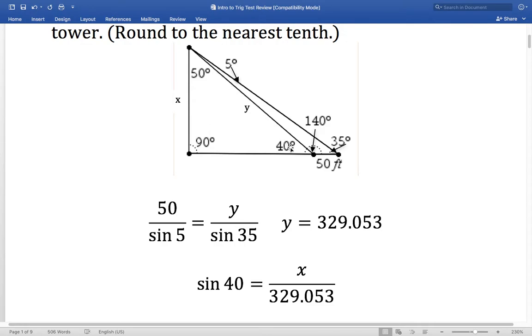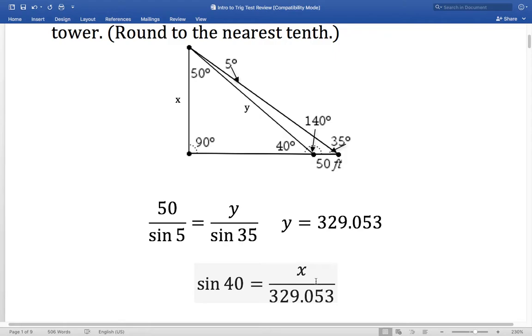And so now we're ready to find our opposite side. You can do that with the ratio of sine, SOHCAHTOA. For sine, it's opposite over hypotenuse. We now know the hypotenuse is 319.05. The opposite side, I just labeled x.